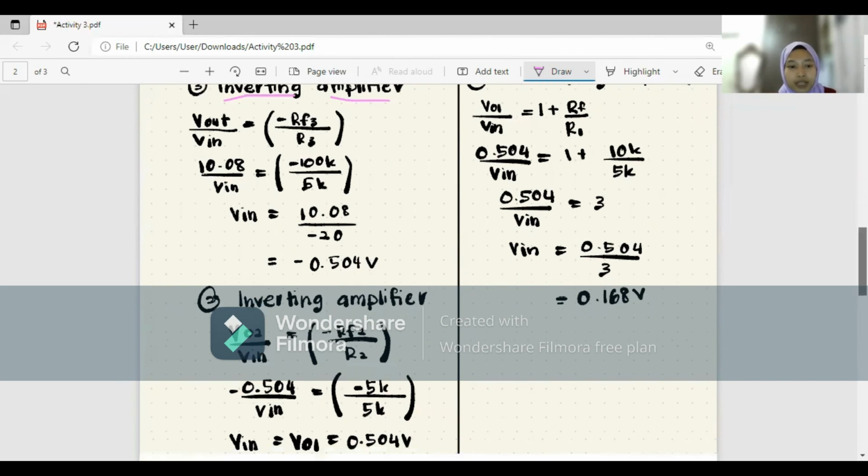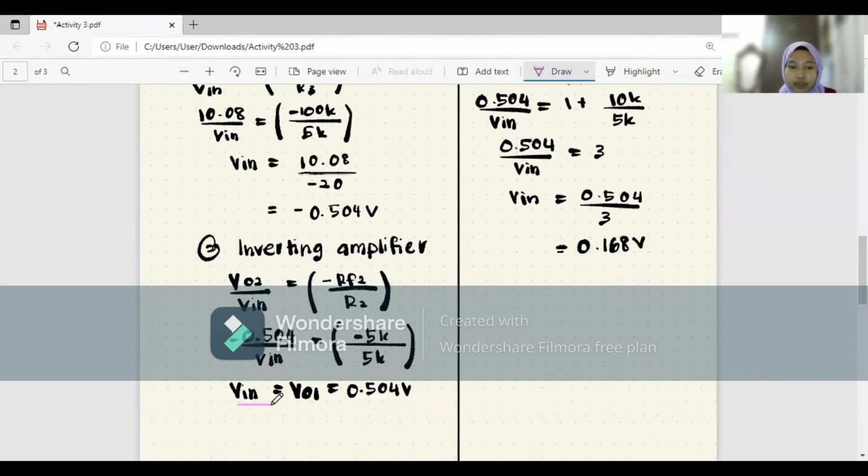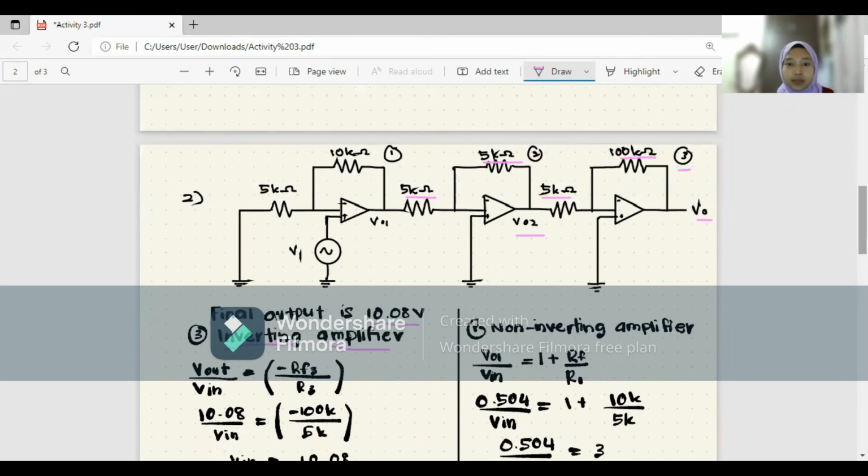Then we can find that V input is 0.504 volt. This is the V input for the second amplifier. Like what we did before, it means that this voltage input for the second amplifier is also equal to the voltage output for the first amplifier.